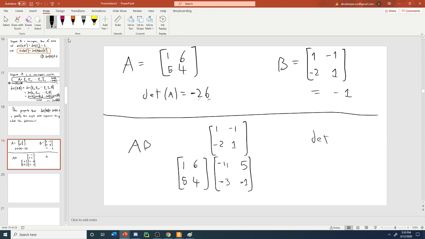So now I need to take the determinant of the product, so this matrix, and this will be 11 minus -3 times 5, which will precisely be 26. So this demonstrates the formula in practice.